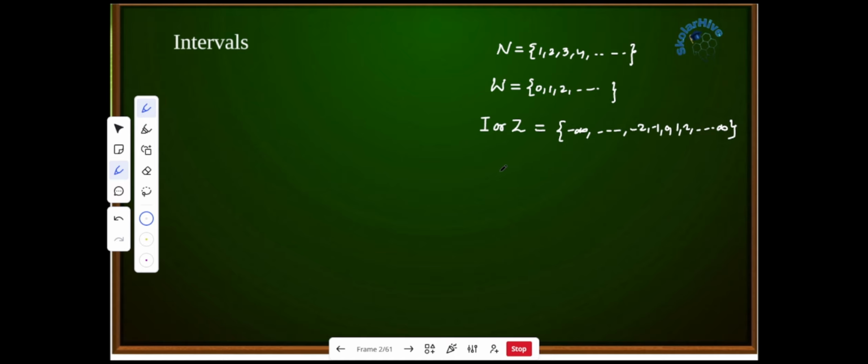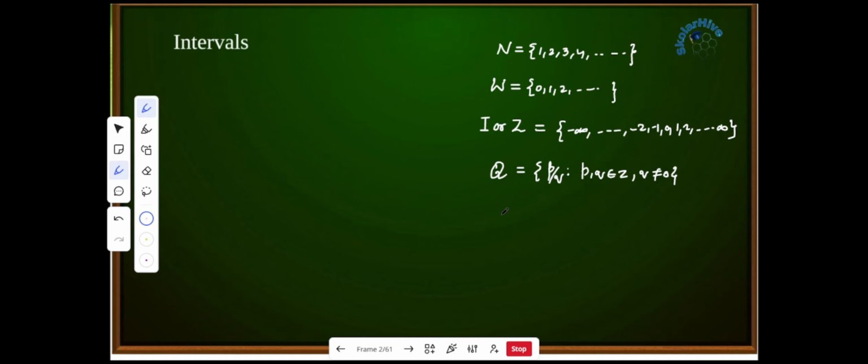Similarly, we have a notation for rational numbers, which is Q, the collection of all numbers of the form p by q, where p and q are both integers but q is not equal to 0.